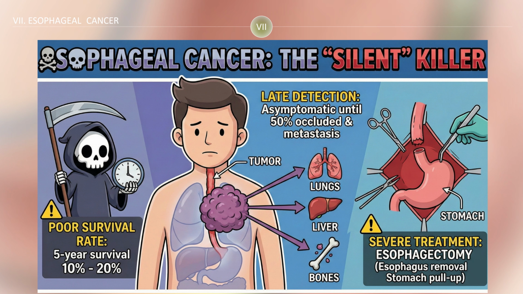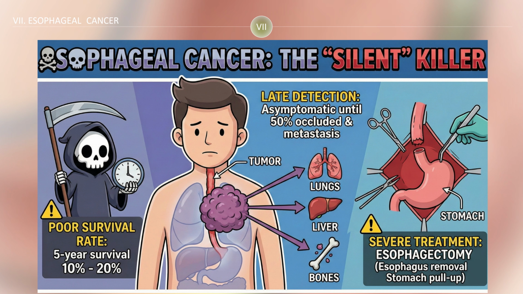Late detection: patients are usually asymptomatic until the tumor has occluded 50% of the esophageal lumen and metastasis has occurred. This means you might not know you have it until it has already spread to your lungs, liver, or bones.